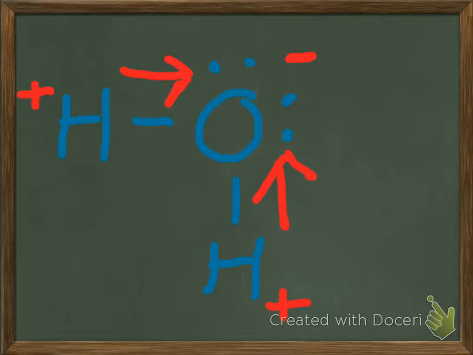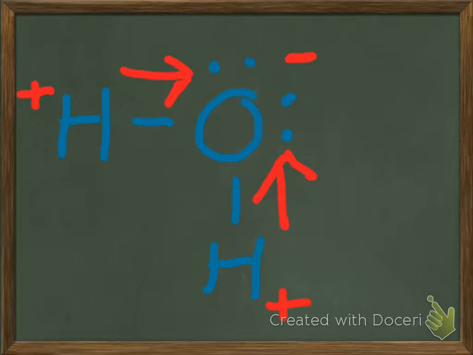And what I'm looking for to answer my question is, is it a polar molecule or not? Polar is exactly what it sounds like. Whether you're dealing with magnets and poles, or the poles of the Earth, north and south pole, poles deal with opposite ends. So as I look at my molecule, I want to see, do I end up with one end that's negative and one end that's positive because of that shifting of electrons?